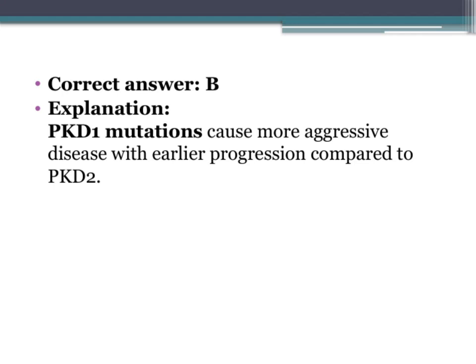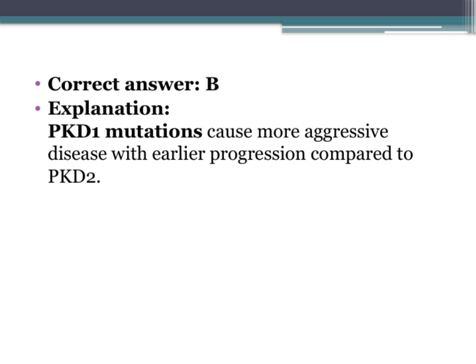The correct answer here is B. Let's delve into why that's the case. PKD1 mutations tend to cause a more aggressive form of the disease, meaning the progression happens earlier compared to PKD2 mutations. This difference is quite significant because it impacts how we approach diagnosis and management.